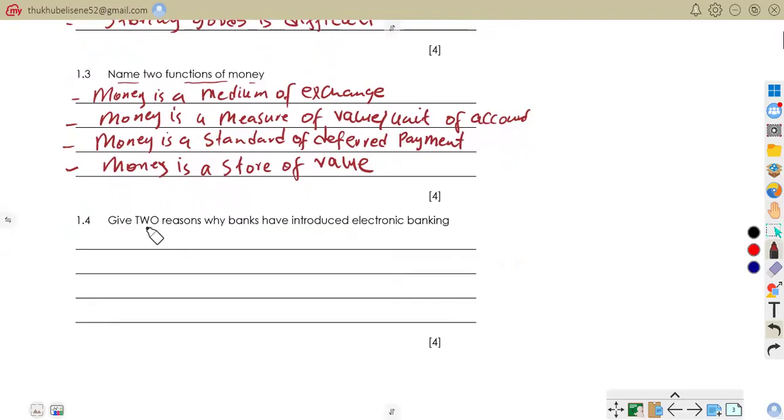Now it says, give two reasons why banks have introduced electronic banking. So that is to enable 24-hour banking.